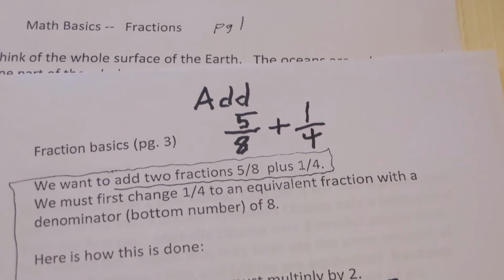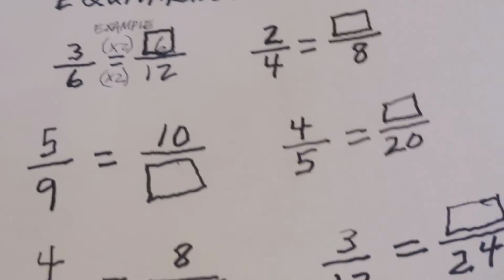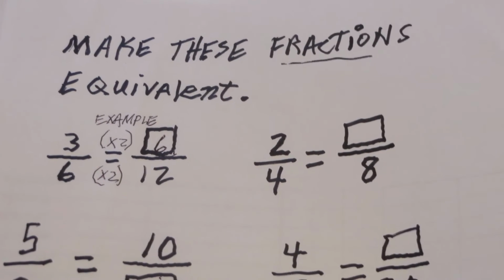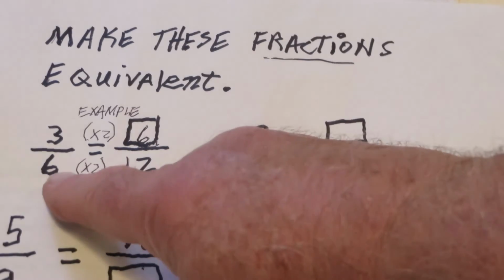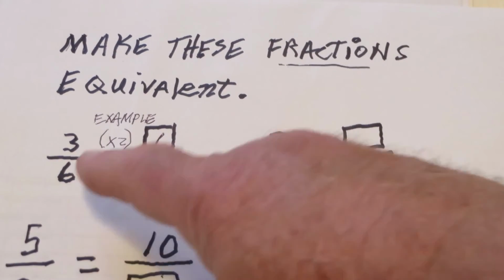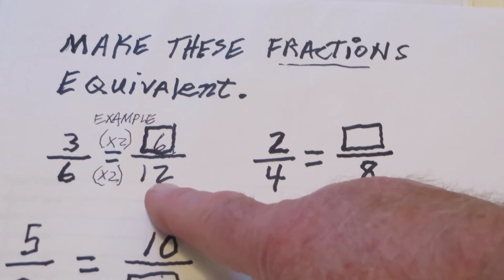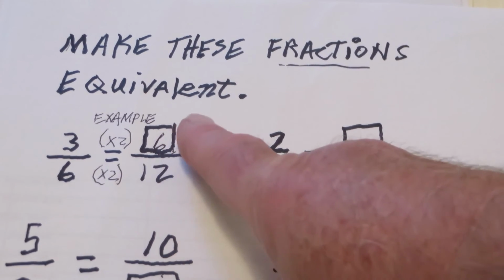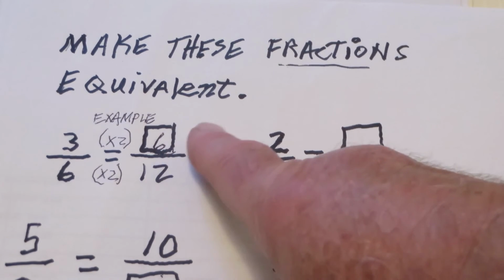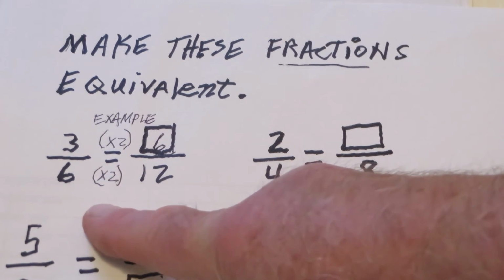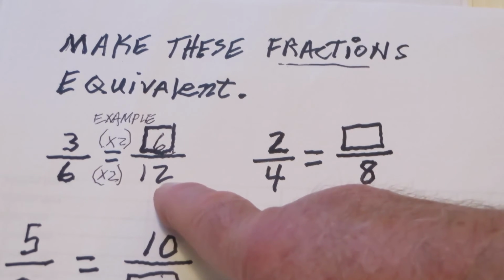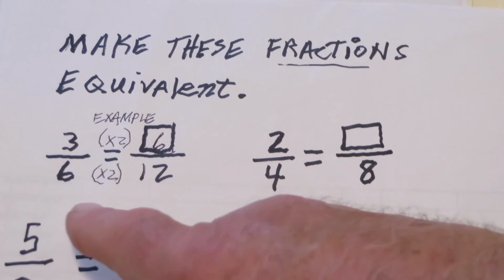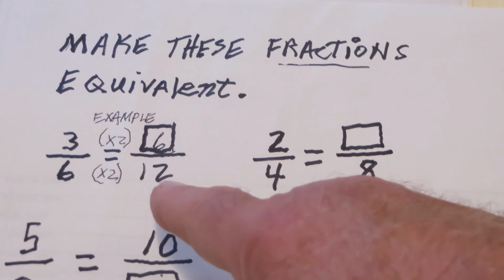Here's a worksheet for equivalent fractions. The first example I've done as an example, 3/6. If we wanted to create an equivalent fraction for 3/6, and we had 12 on the bottom, we have to do the same on the top. So 6 times 2 is 12.